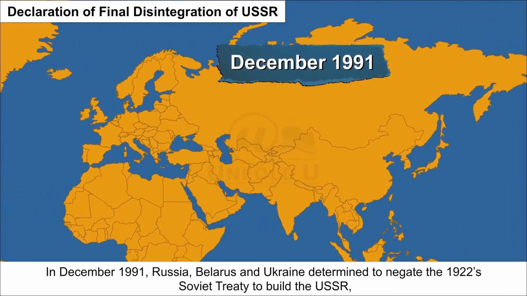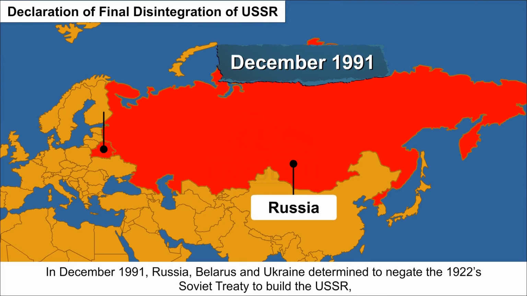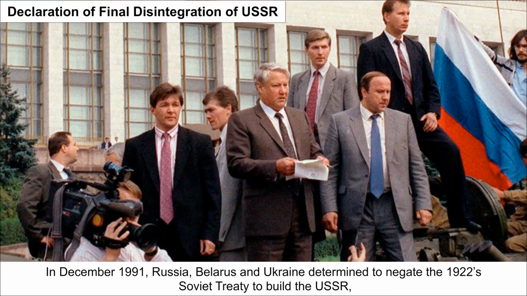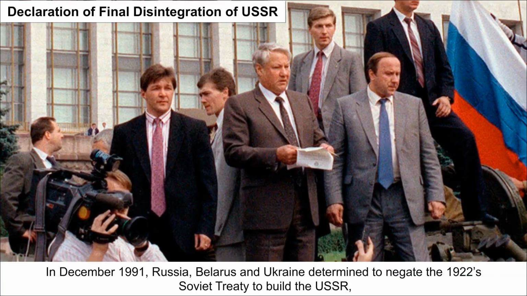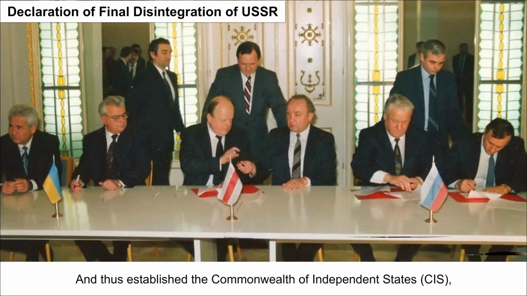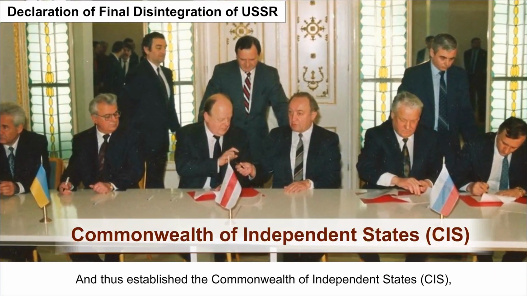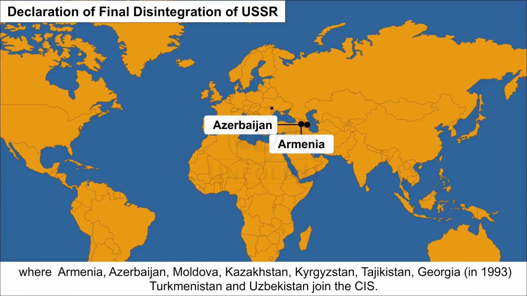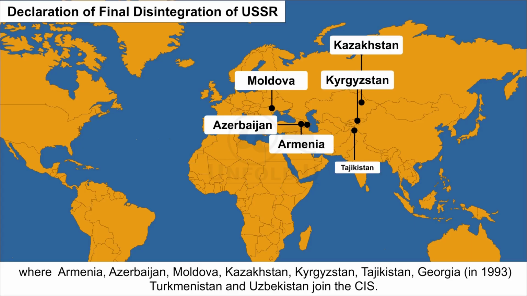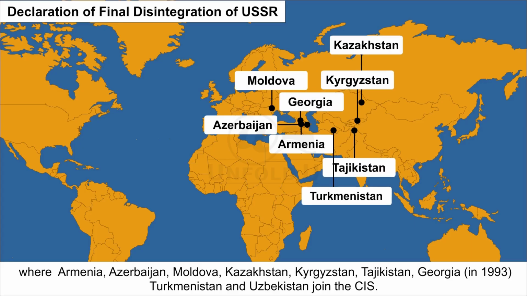In December 1991, Russia, Belarus and Ukraine determined to negate the 1922 Soviet Treaty that built the USSR and thus established the Commonwealth of Independent States (CIS), which Armenia, Azerbaijan, Moldova, Kazakhstan, Kyrgyzstan, Tajikistan, Georgia in 1993, Turkmenistan and Uzbekistan joined.